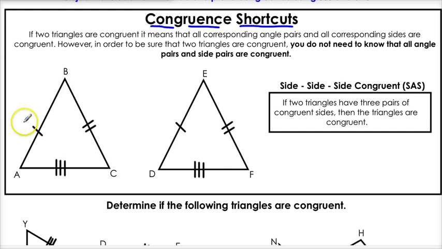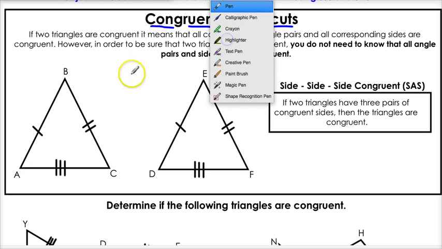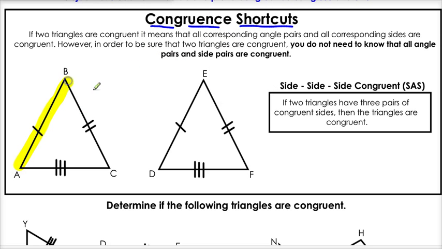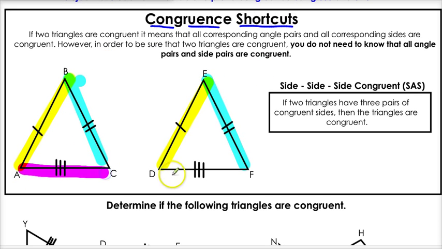If you look here, we have two triangles, and we know that three of the sides are congruent. We see that AB is congruent to DE, BC is congruent to EF, and AC is congruent to DF. So we have three congruent sides here, and since both triangles have three sides that are congruent, we know these two triangles are congruent.